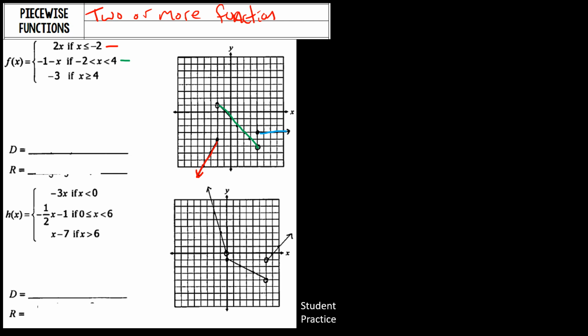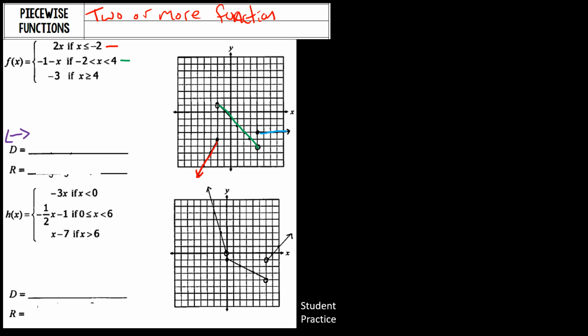Okay, and we want to discuss domain and range and everything that goes with these types of functions. When we're talking about domain, we're going from left to right. So how far from the left are we coming from? If we look at this red arrow here, we know this is going to go on forever into the left.